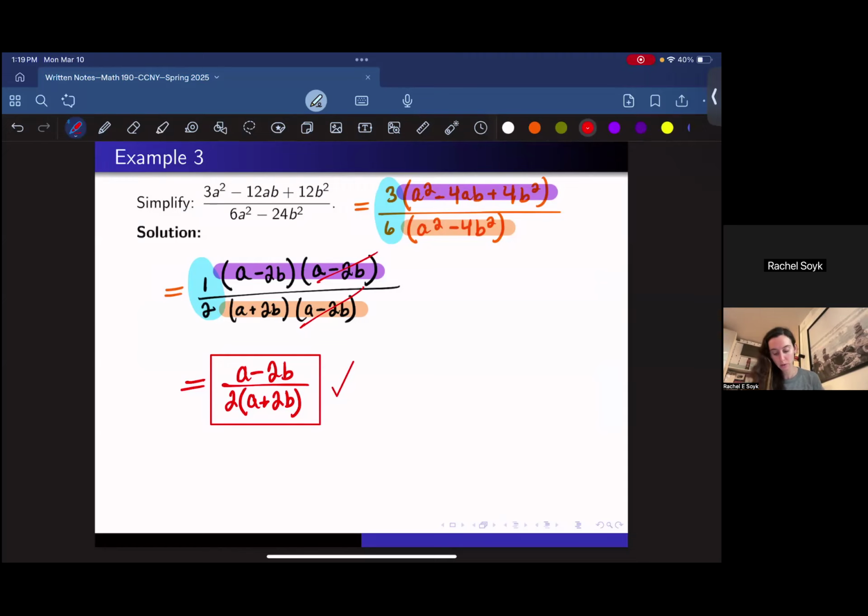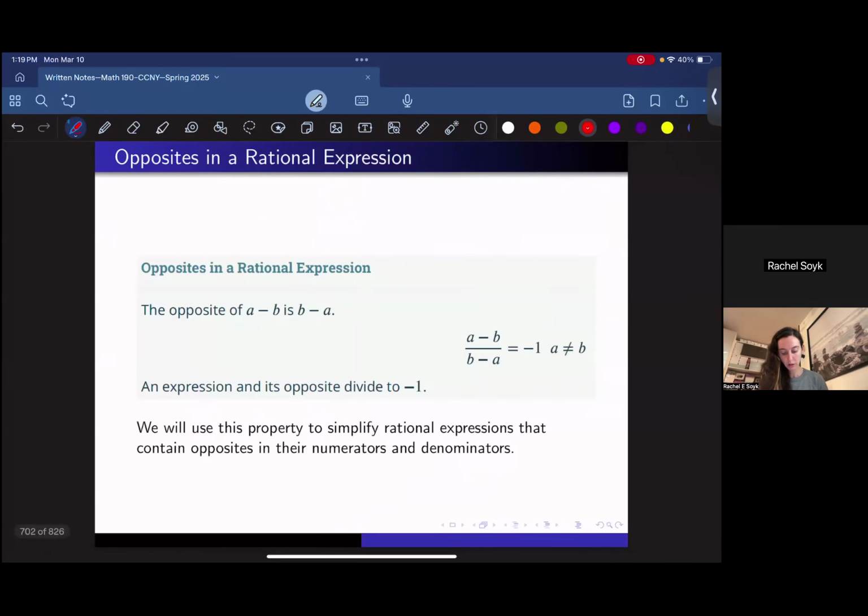Okay. So let's move on to the next slide, where we have opposites in a rational expression. And this is dealing with if you have an a minus b versus a b minus a, we can factor out a negative from one of the expressions, and then we can actually end up simplifying that whole thing to just negative 1.